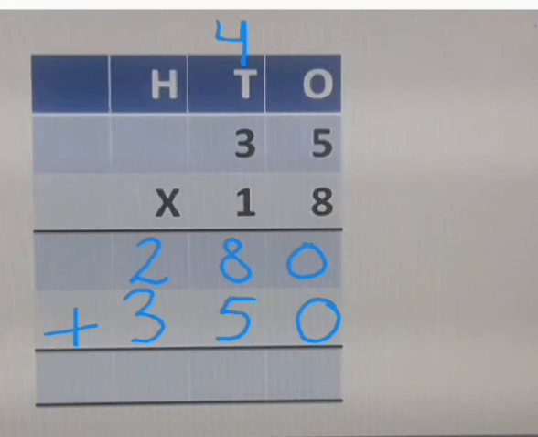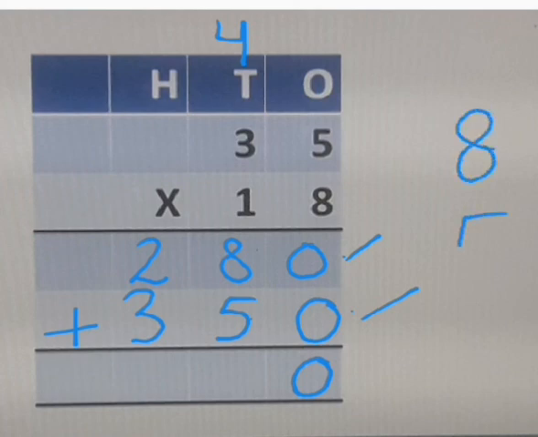So we will start addition from the ones column. So 0 plus 0 is 0. Now we will add 8 and 5. So children, 8 plus 5 is 13.